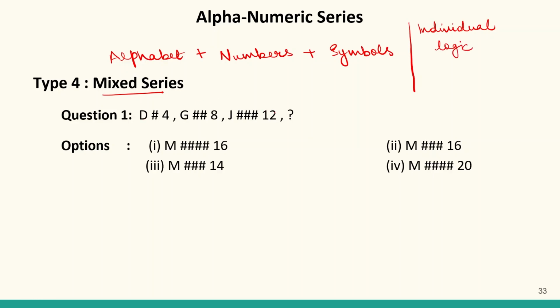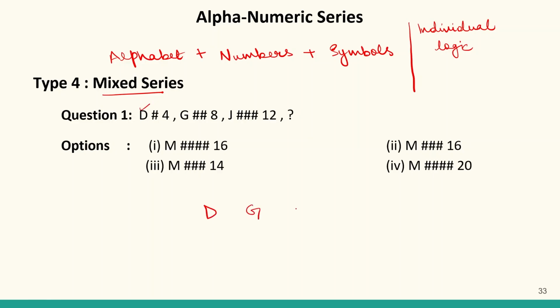So if we look at this series, there are 3 series which are joined to form one series. How? The numbers are following one series, the letters are forming a different series, and the symbols are also forming a different series.